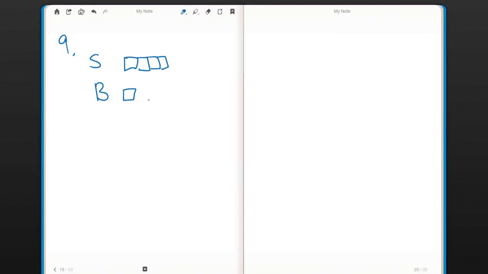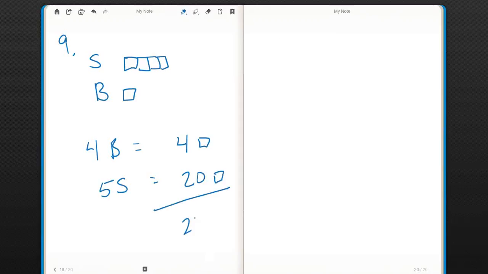Again, remember, I think the easiest way to do this is to say that 4 blouses are 4 squares. And if you're going to buy 5 skirts, then you're going to pay 20 squares. And so the total amount that you pay is 24 squares, and we know that that's equal to $216.